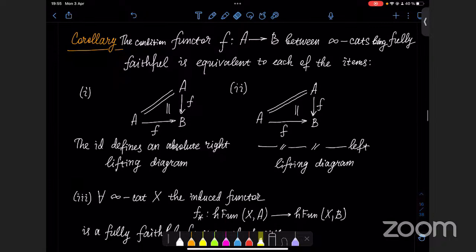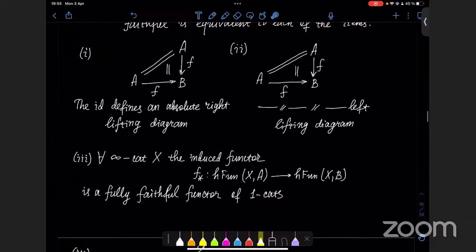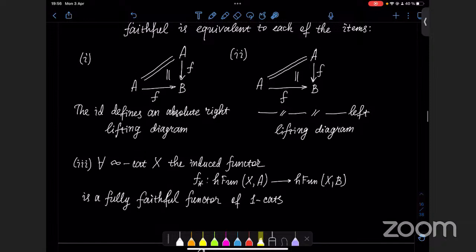The first item says that you have the following triangle, an absolute right lifting diagram, and another one means that for any infinity category X, the induced functor between homotopy categories is a fully faithful functor of one-categories.